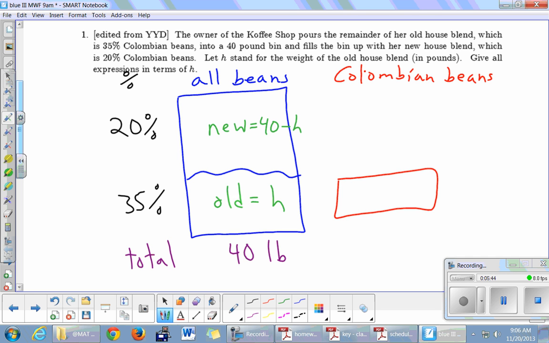So if I wanted to just plop only the Colombian beans from this old house blend over here on the right-hand side, can you guys figure out what expression would go in there to tell me the weight of just the Colombian beans from the old house blend? Something times 35% is H times 35%. Yeah, H times 35% represents the weight of the coffee beans from that bottom section.